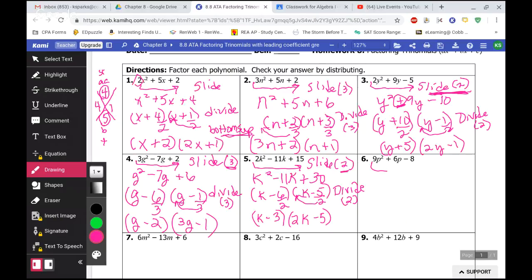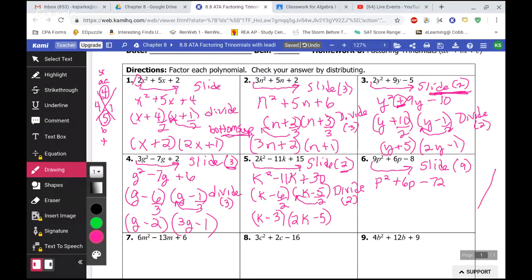That's awesome. So the first step is to slide. And we're going to multiply by 9. So that's going to give us p squared plus 6p minus 72.